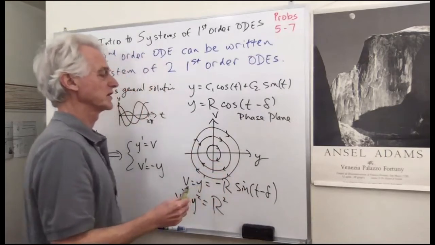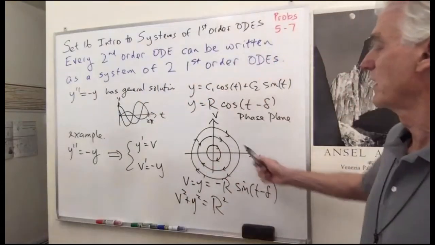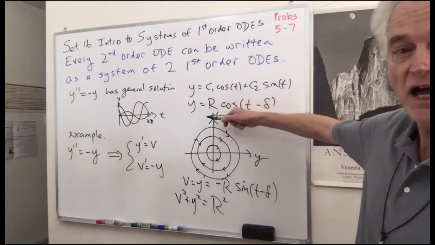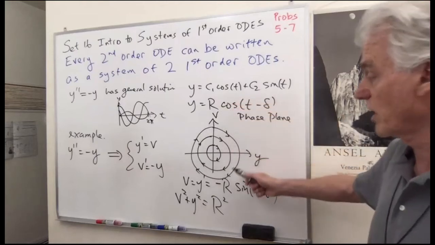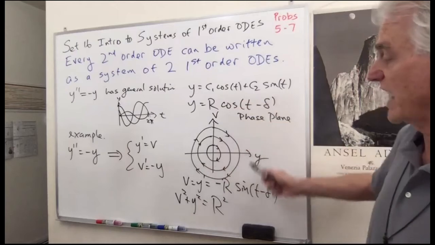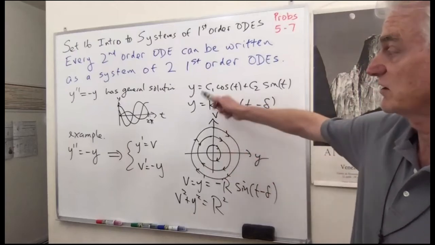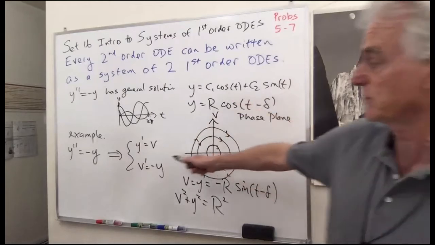One of the reasons you can see they go around clockwise is dy dt is v. So when v is positive, y is an increasing function of t. What I've drawn here is the trajectory in the yv plane of the solutions to y double prime equals minus y, or this system here.